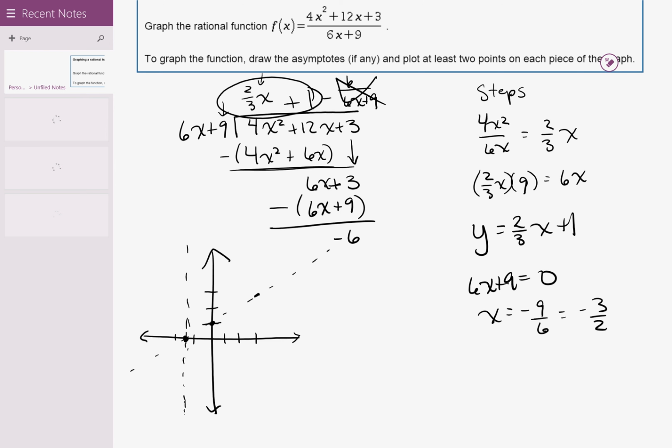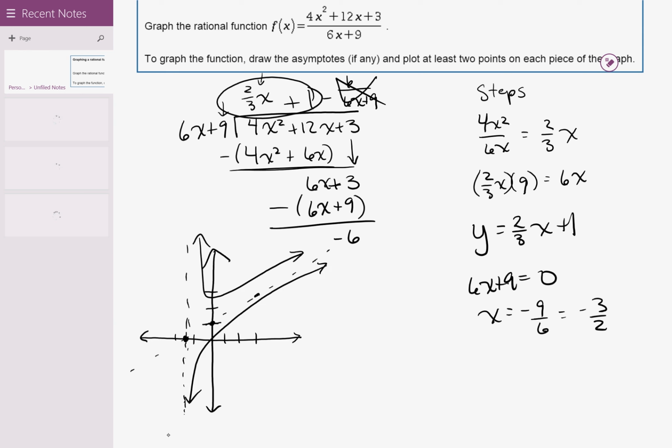And now I need to find 2 points on either side of the vertical asymptote. And here's the reason for that. I can't have a piece like this and a piece like this because that wouldn't be a function.